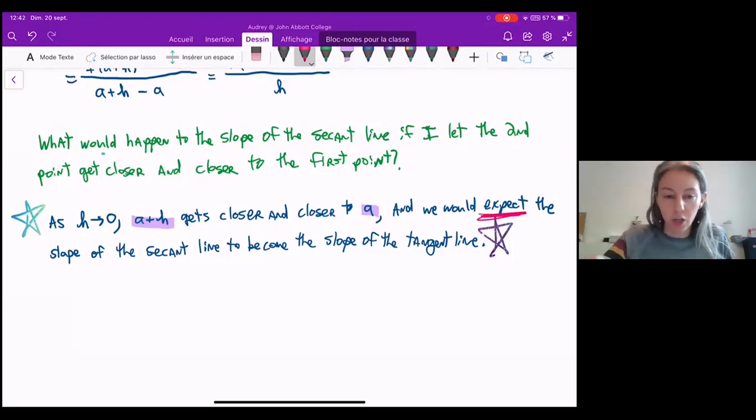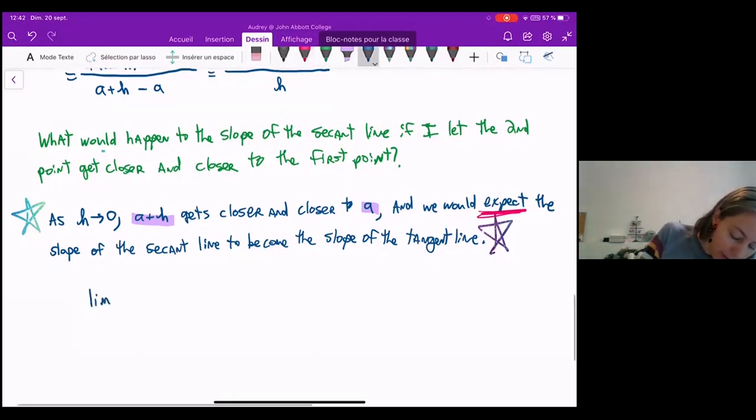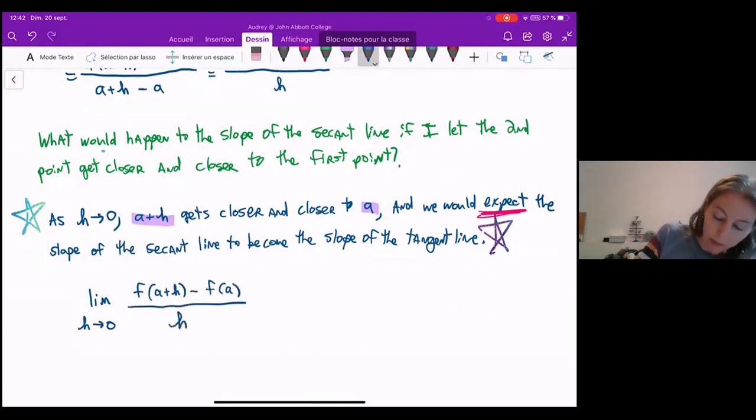So in other words, our limit is our expectation. Right now, our expectation is that that slope is going to become the slope of the tangent line. So what I have here is that the limit as h approaches 0 of the slope of the secant line, which we said was f of a plus h minus f of a over h. So that's the slope of the secant line.